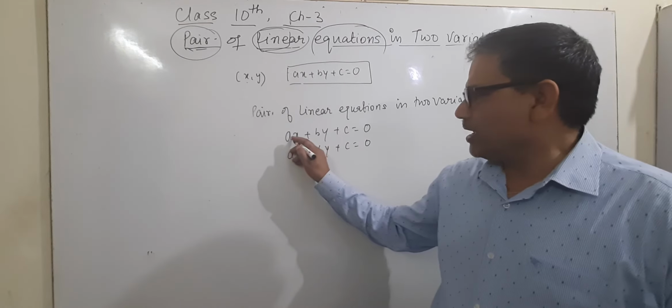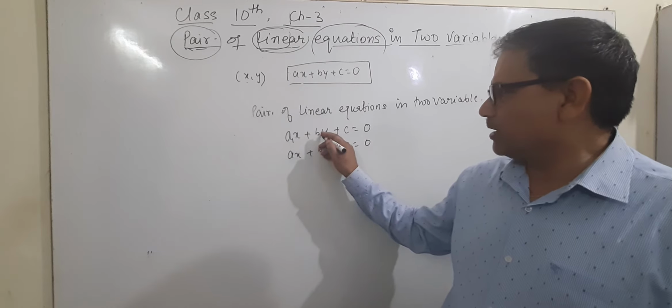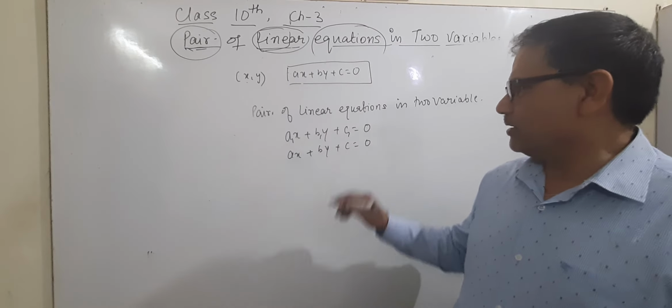It means we have to separate them by their coefficients a1, b1, c1.